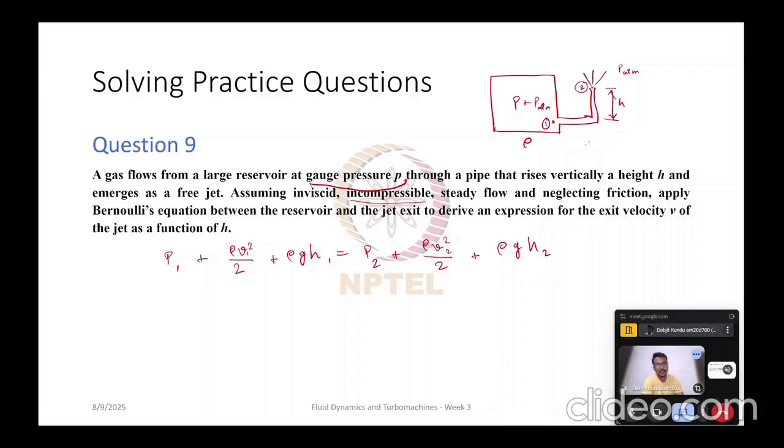Now at 2 this is h, and at 1 let's say this is 0, and h2 is equal to h. V2 is something that we have to find. Let's say V2 is equal to this velocity V over here.